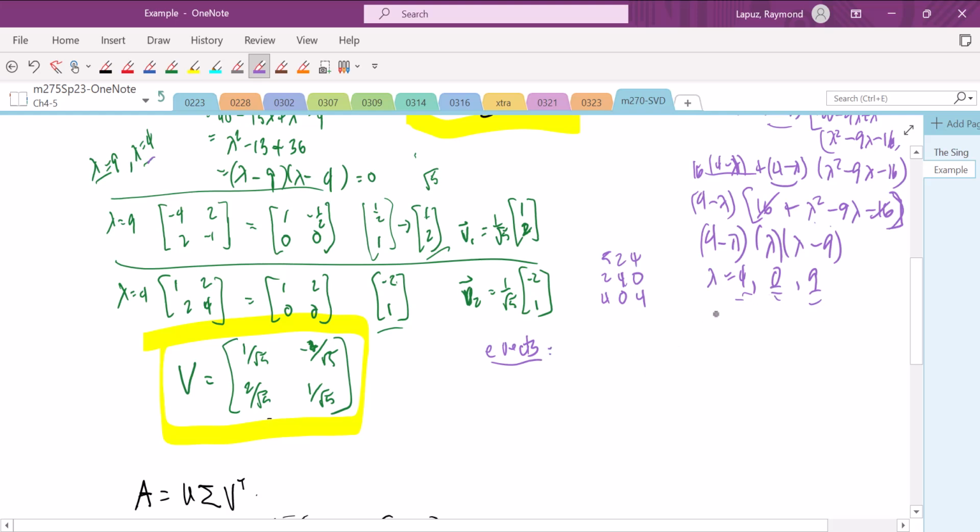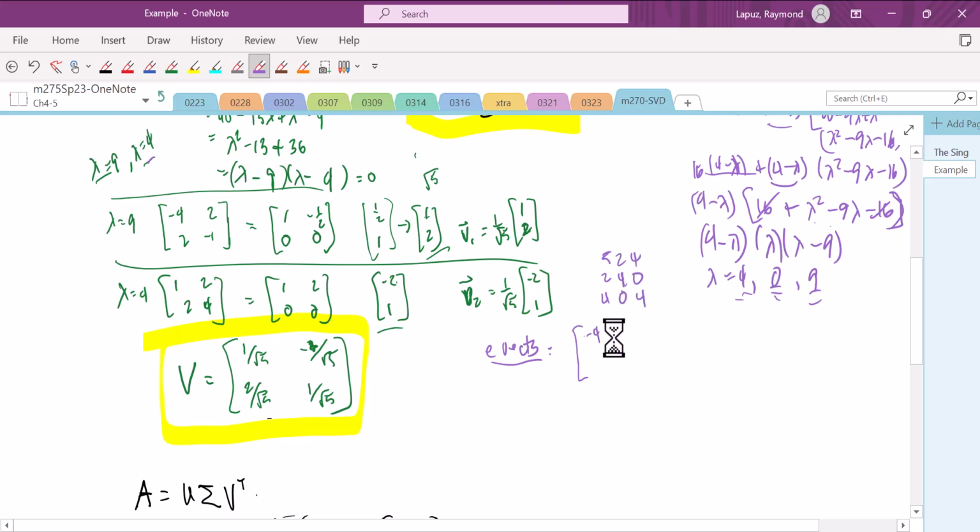So what we need to do is the 5 minus 9 lambda thing. And so we will row reduce, essentially. We'll row reduce this matrix. So 5 minus 9 is -4.